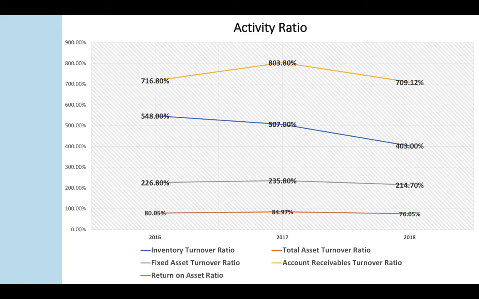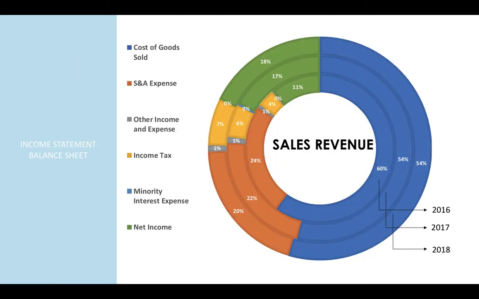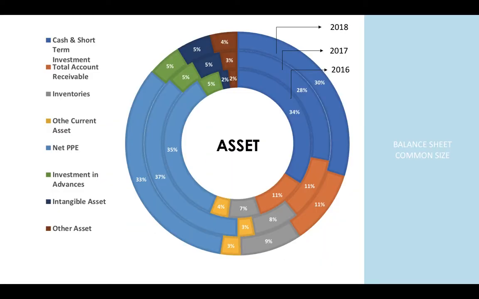It means that their turnover of account receivables is really high. We can see in the balance sheet common size that their portion of cash is really big, but the portion of account receivable is really low. So that's really good, because they can make sure that their customers pay the account receivable quickly.